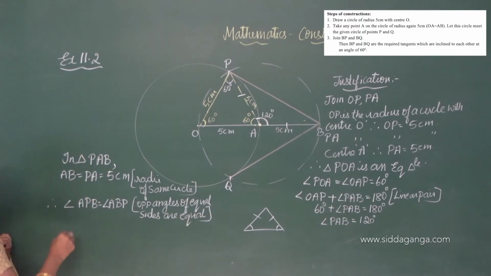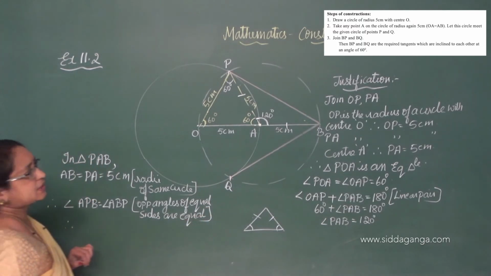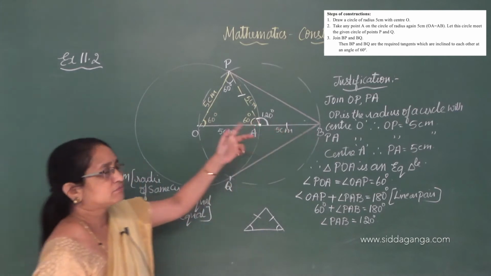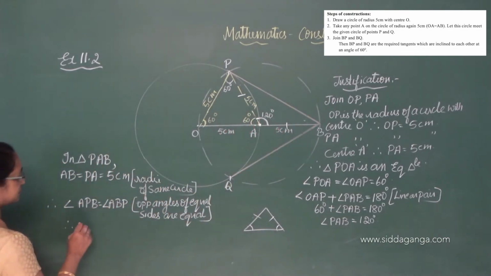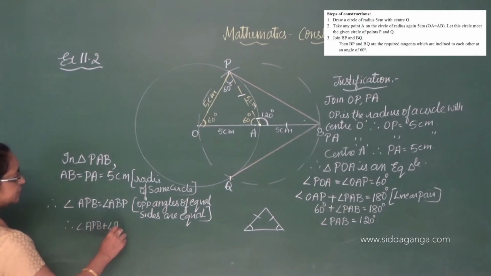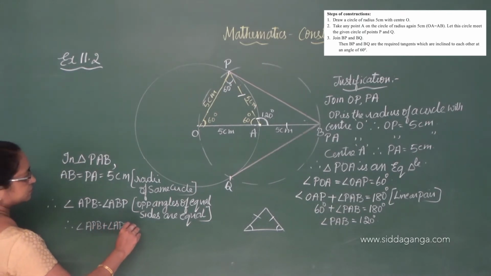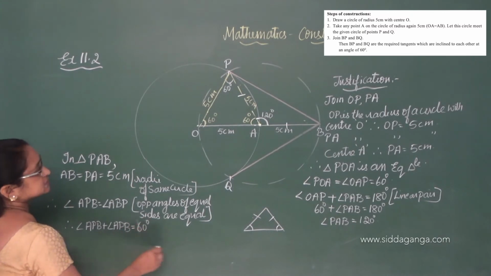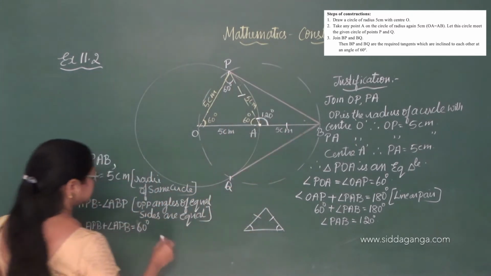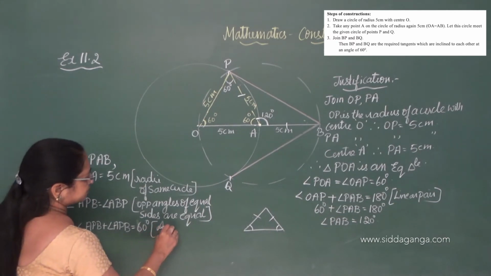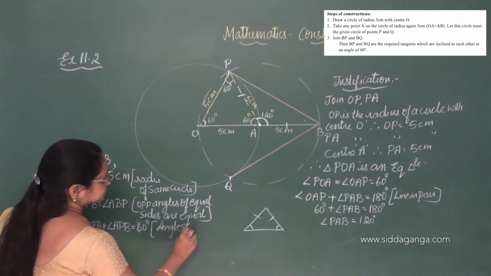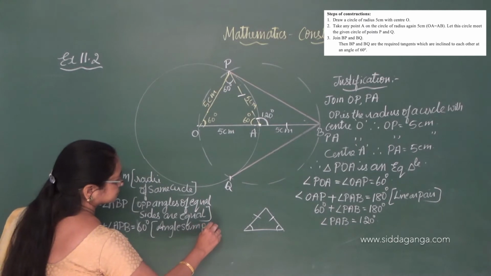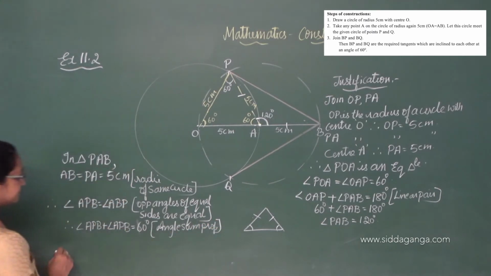Next, therefore, by angle sum property, this plus this will be equal to how much? APB plus ABP will be equal to how much? 60 degree, correct? By angle sum property, these two should be 60 degree. Why? Angle sum property. Next, both are equal, you know.